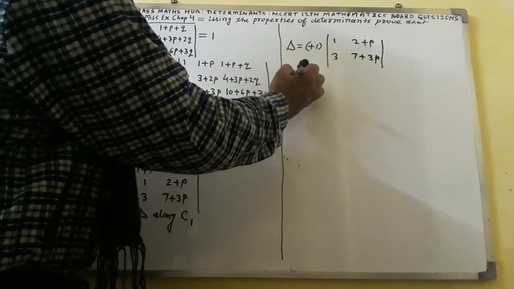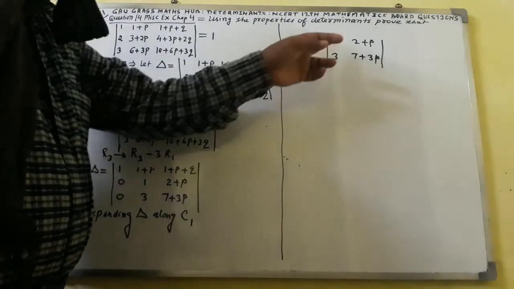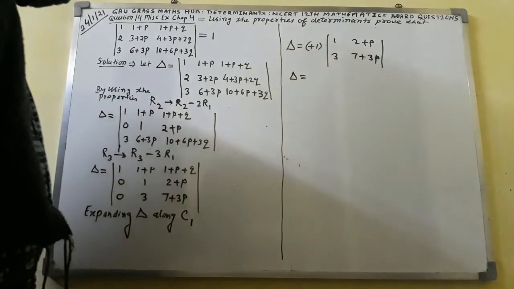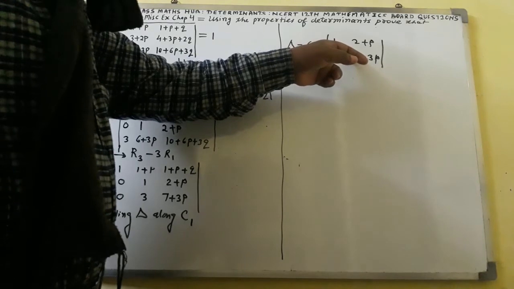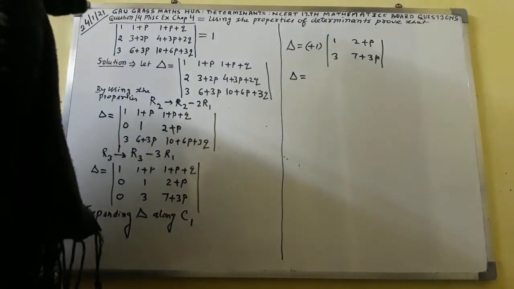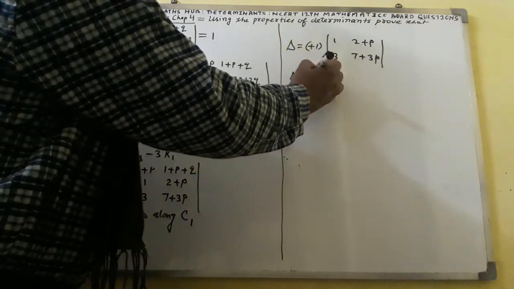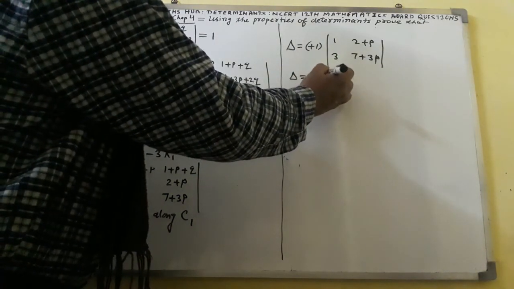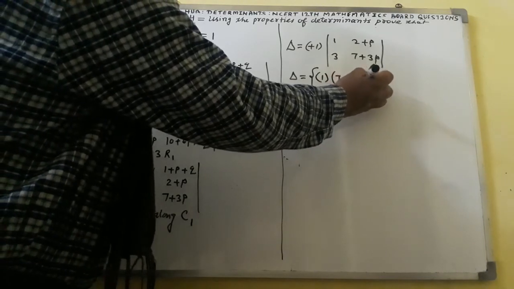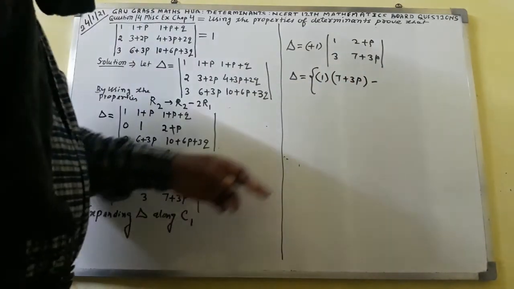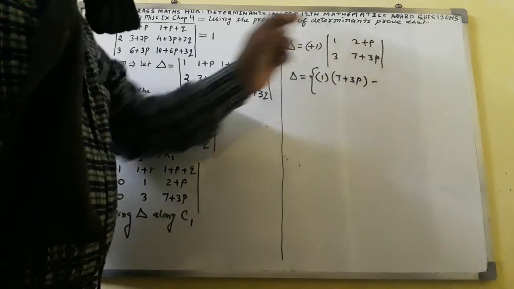Now get the solution of this one. Here you can see elements of principal diagonal are 1 and 7 plus 3p. The elements of principal diagonal will get multiplied together, minus the elements of reverse diagonal will get multiplied together.